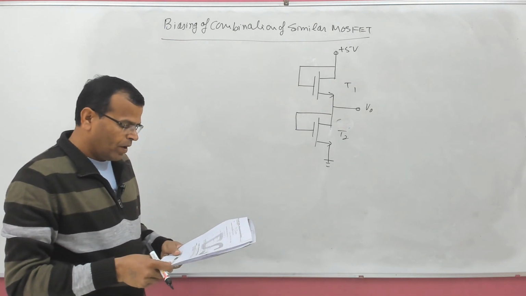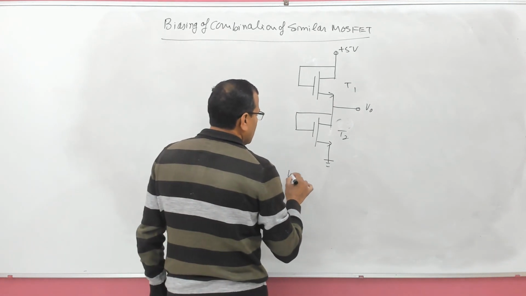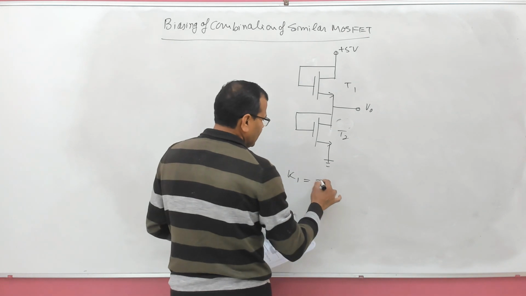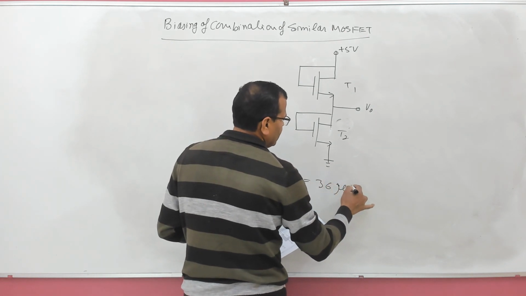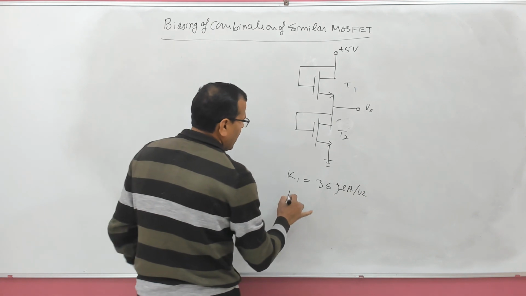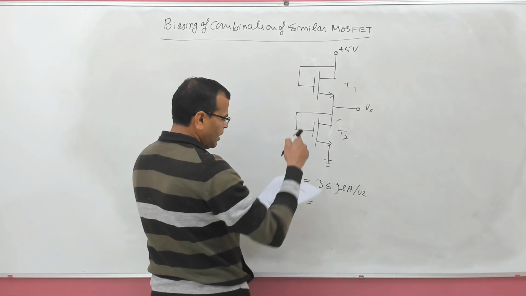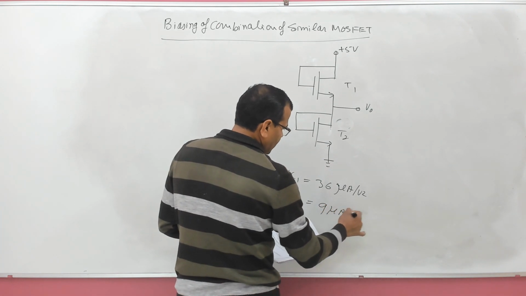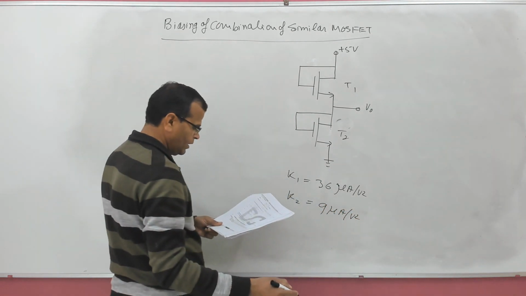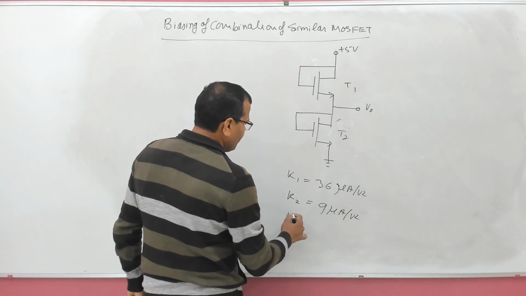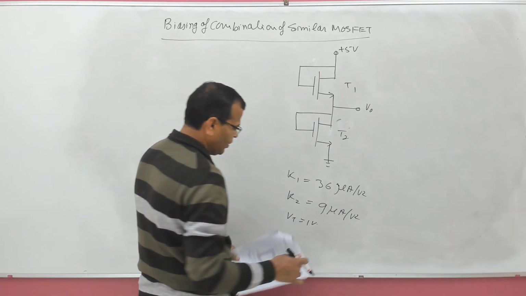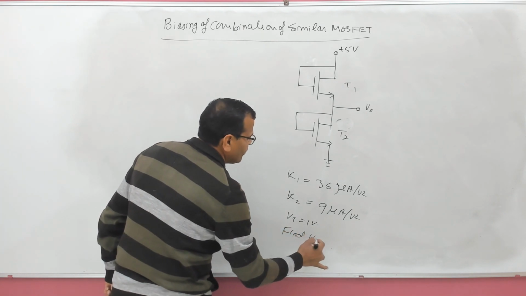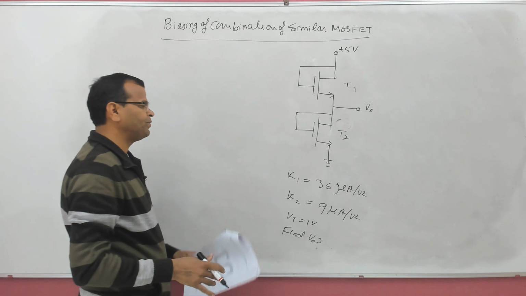Now, we are given the transconductance parameter of T1, that is K1 equal to 36 microamperes per volt square, and K2, that is the transconductance parameter of T2, equal to 9 microamperes per volt square. Threshold voltage of both transistors is 1 volt. The question here is to find V naught, that is this voltage.